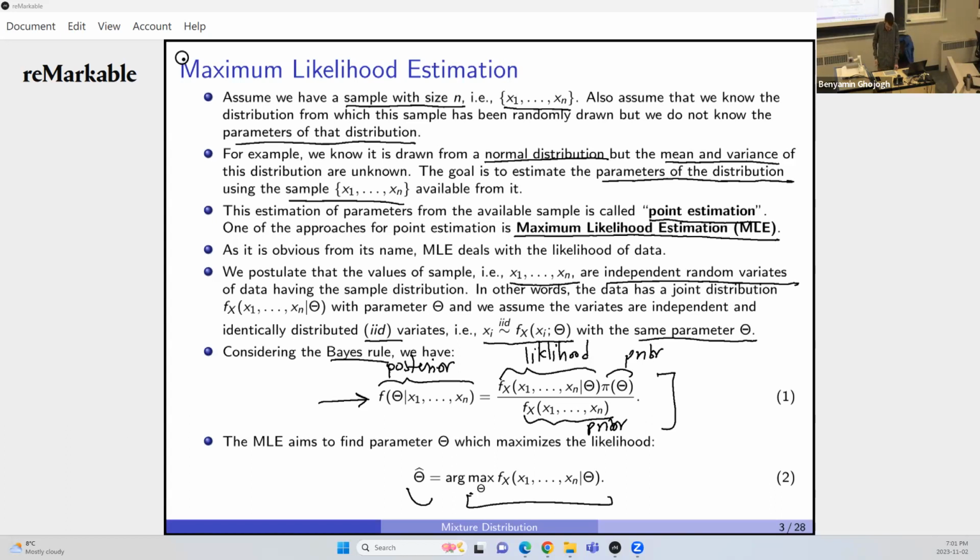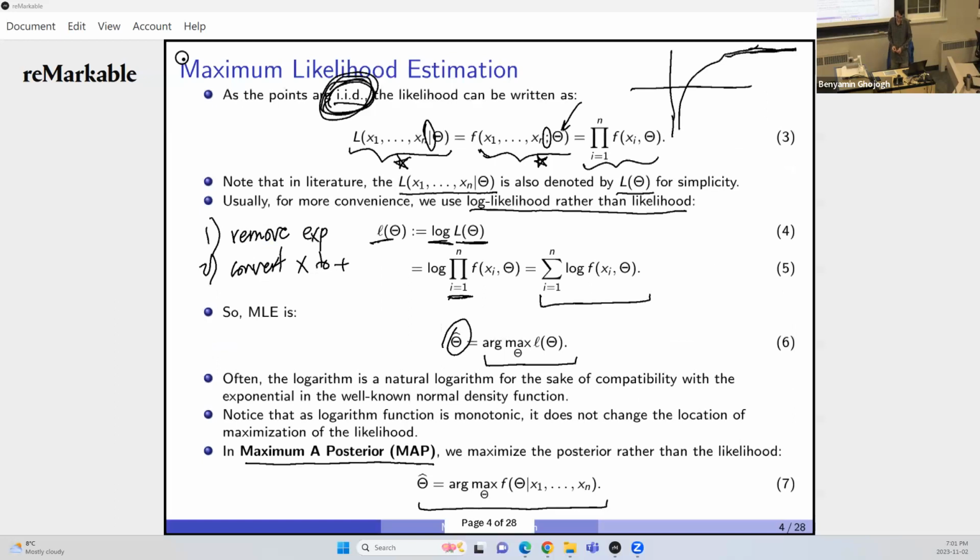right? And then we said we assume that they are IID, independent and identically distributed. Then the likelihood will be the multiplication of all of these likelihoods, and then we take the log. We consider the log likelihood usually. Why?